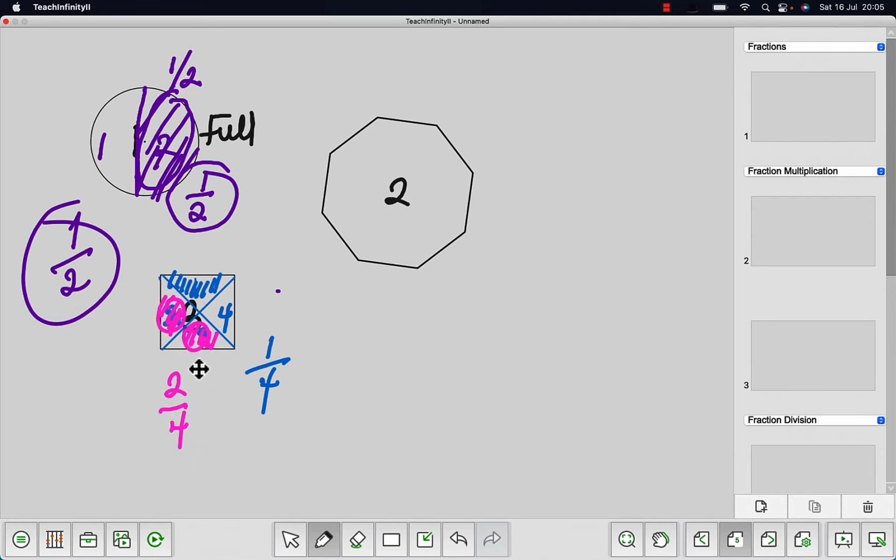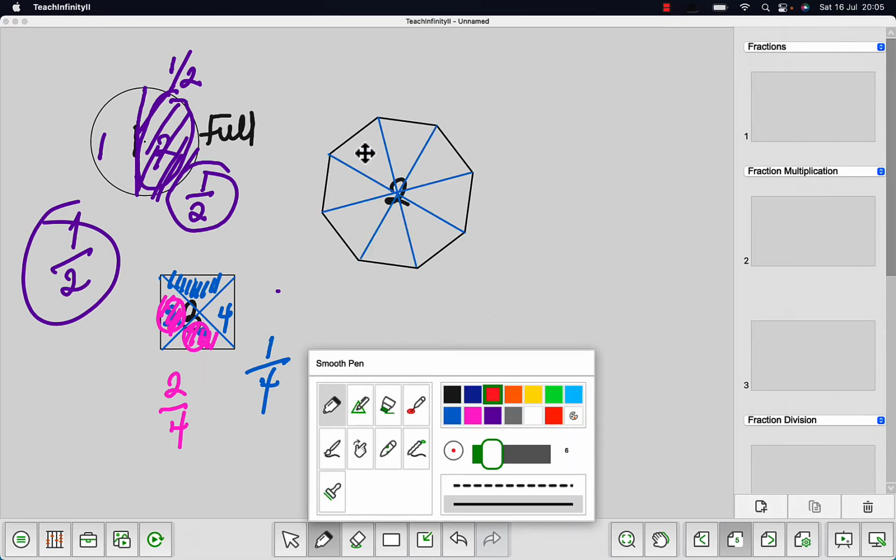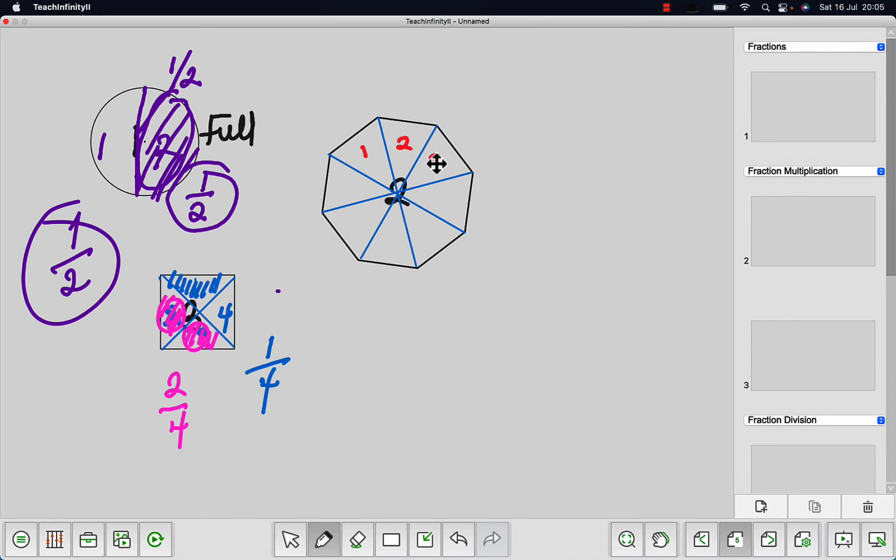Okay, so this is very basic with regards to fractions. This is how you name your fractions. Apparently we have 1, 2, 3, 4, 5, 6, 7, 8. We have 8 parts. And so what are you accounting for? These are the shaded parts.